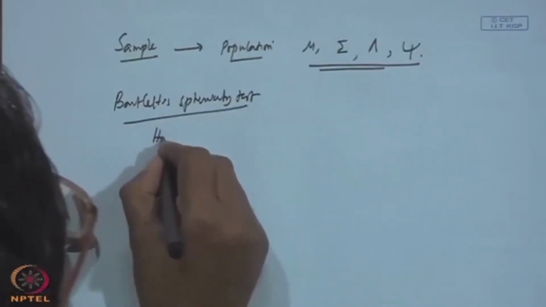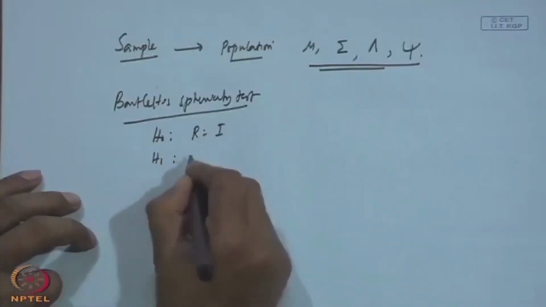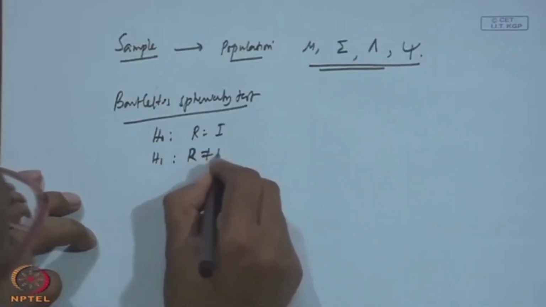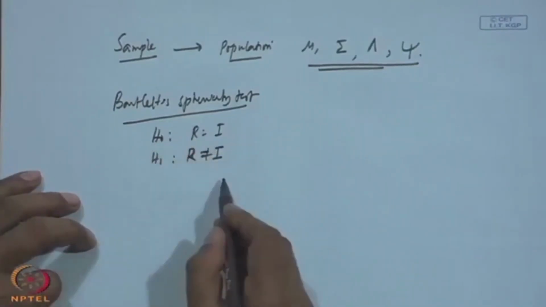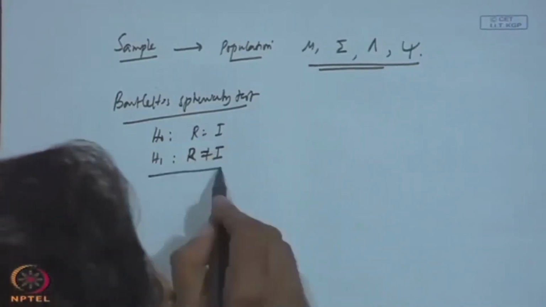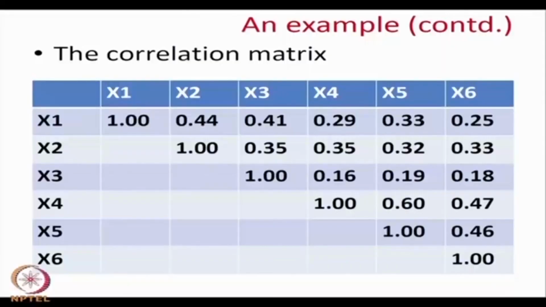We assume H0 that R is I and H1 that R is not equal to I. That means you have tested the correlation coefficients combinedly. So, here we definitely require Bartlett's sphericity test to see whether we will go for factor analysis or not, because if there is no significant correlation, what is the use?